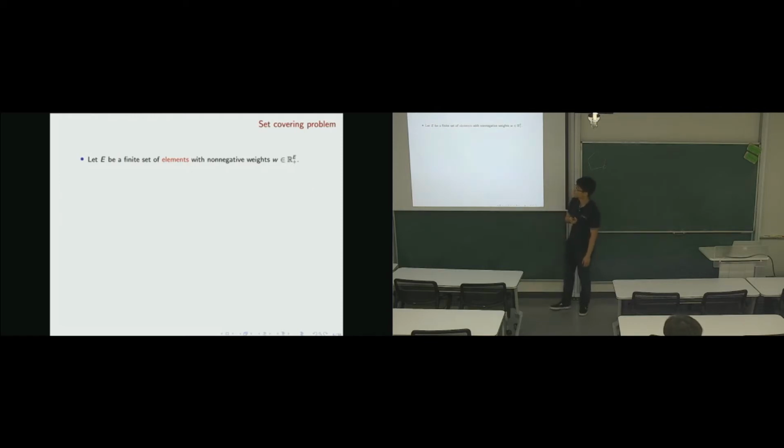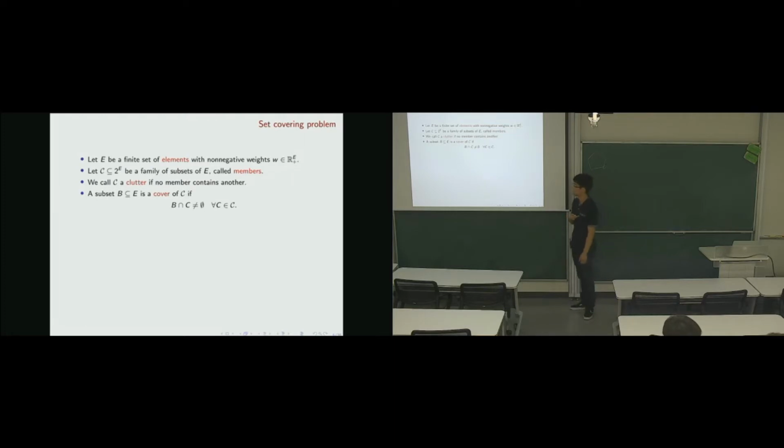Let E be a finite set of elements, with some weights. You take a family of subsets called members, and I call this family a clutter if no member contains another, meaning every subset is minimal.